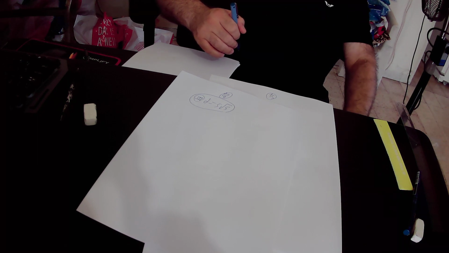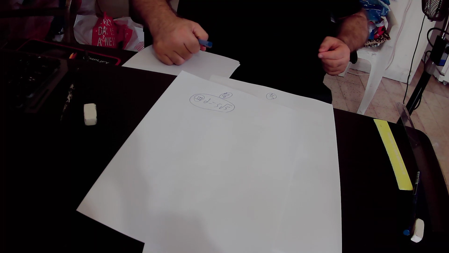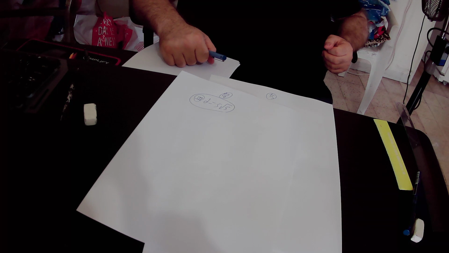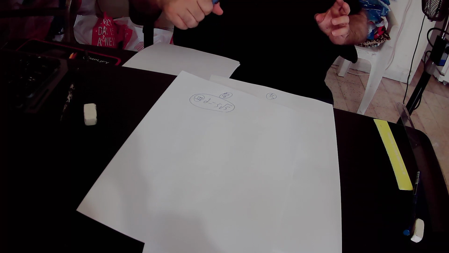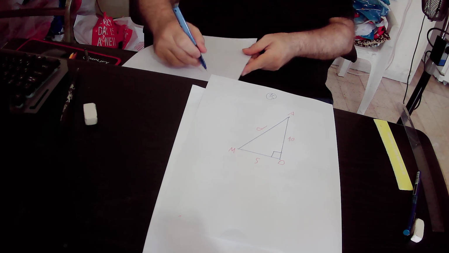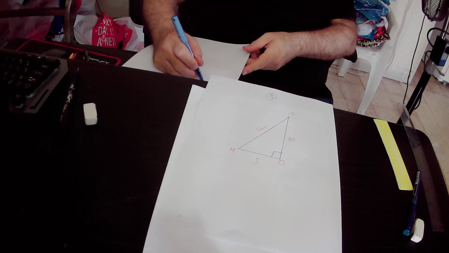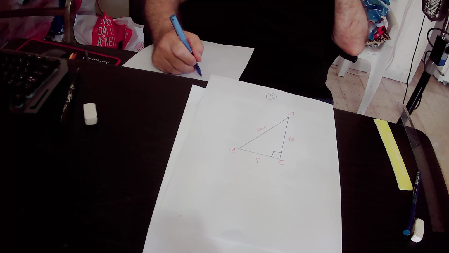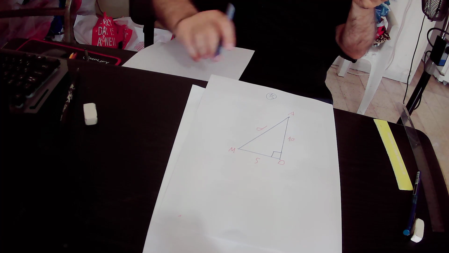But we know that the diameter of any circle equals 2 times the radius. So we create the fourth equation that states that the diameter of any circle equals 2 times the radius. And actually d is the diameter of the circle because it equals AM, and AM is the diameter of the circle.